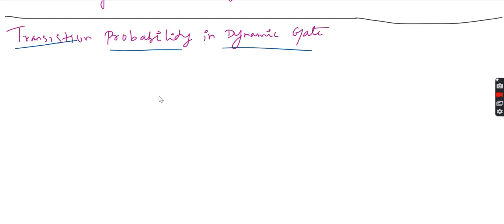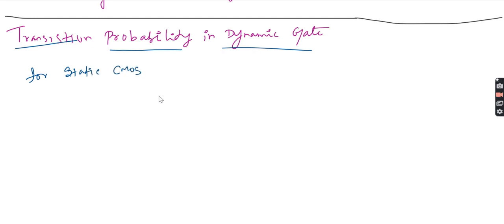Earlier, the logic style has a strong influence on the node transition probability. For static CMOS, we already calculated the transition probability.